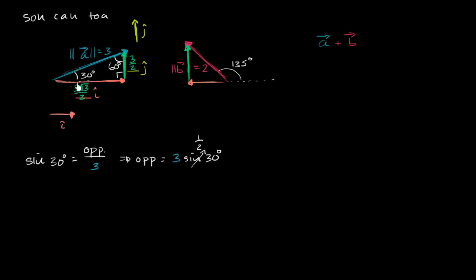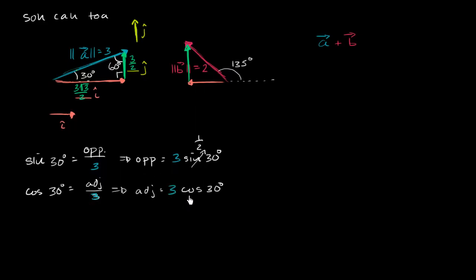Similarly, this side is adjacent to the 30-degree angle. So you could say cosine. Cosine is adjacent over hypotenuse. You could say that cosine of 30 degrees is equal to adjacent over the hypotenuse, or multiplying both sides by 3, the adjacent is going to be equal to 3 times the cosine of 30 degrees.